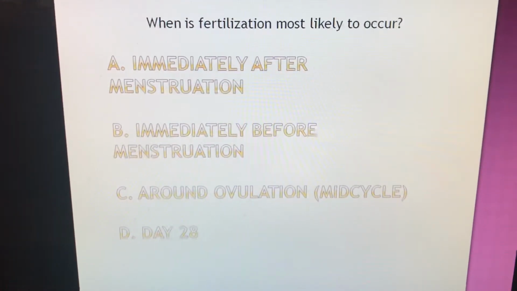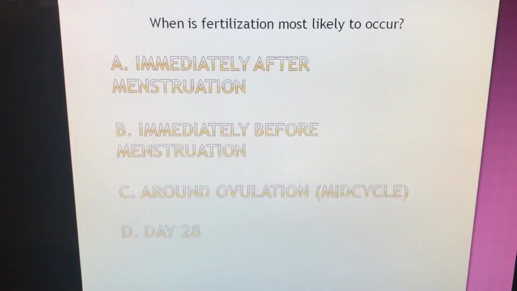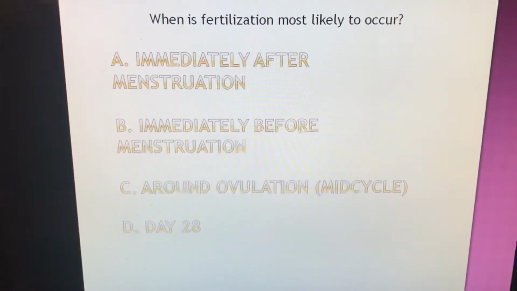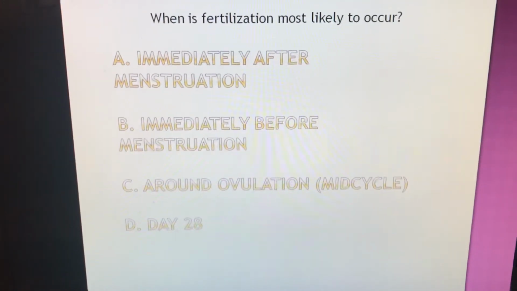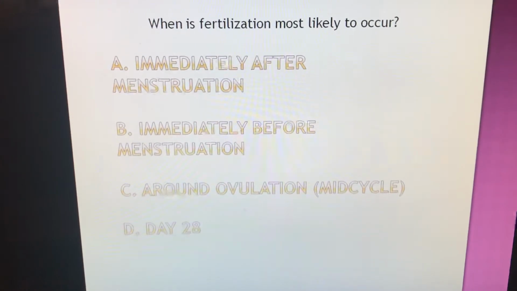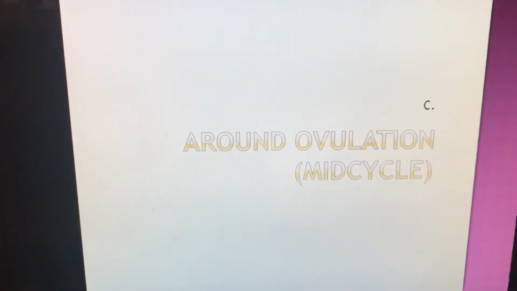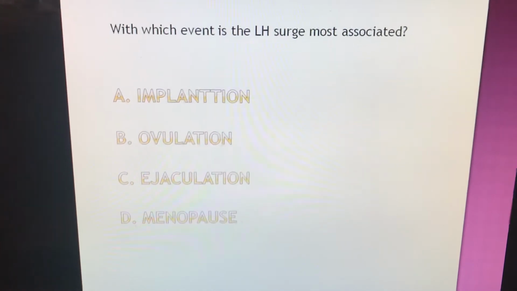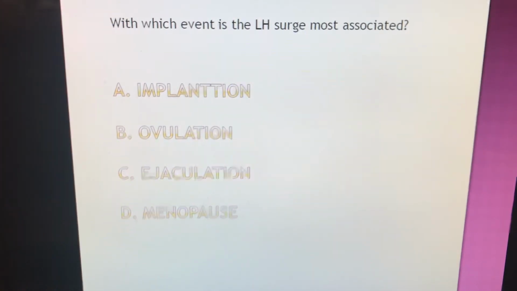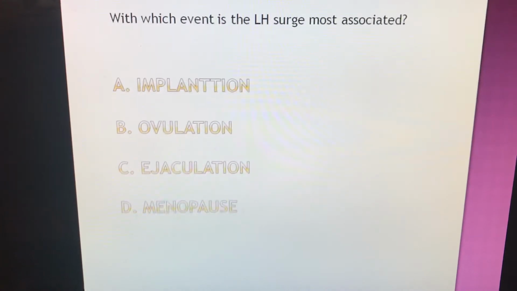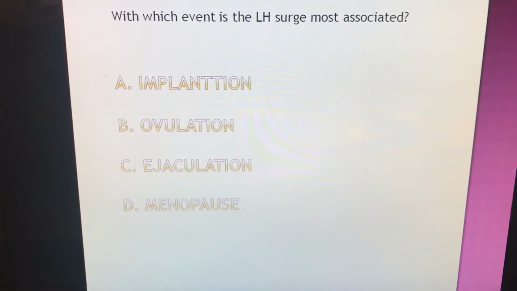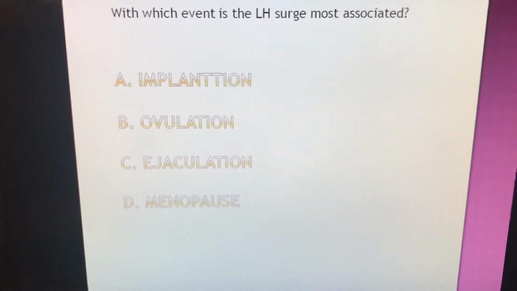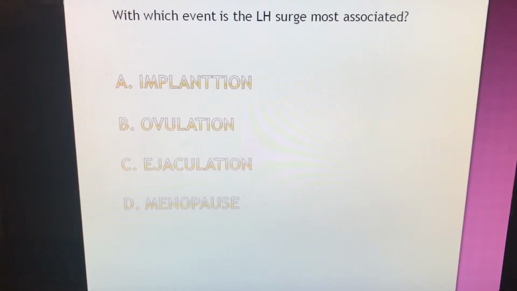A, immediately after menstruation, B, immediately before menstruation, C, around ovulation, the mid-cycle, or D, day 28. C, around ovulation. With which event is the LH surge most associated? A, implantation, B, ovulation, C, ejaculation, or D, menopause? B, ovulation.